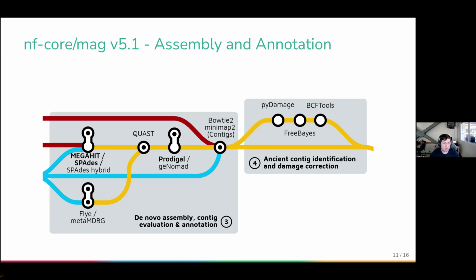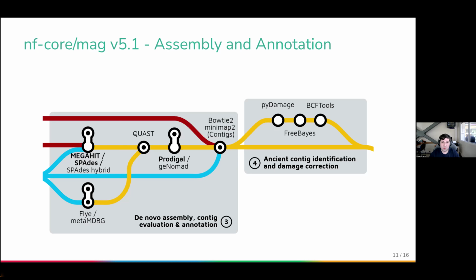After this, we do basic quality checking with QUAST, and prediction of genes with Prodigal and geNomad for viral sequences. And then we calculate the coverage or the depth of these contigs using Bowtie and Minimap for long reads.